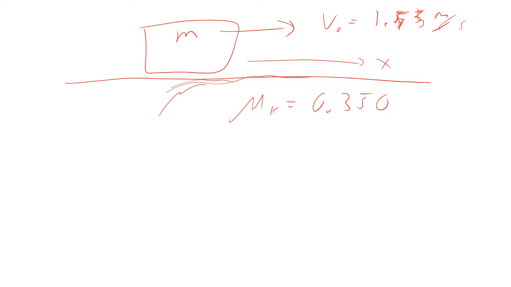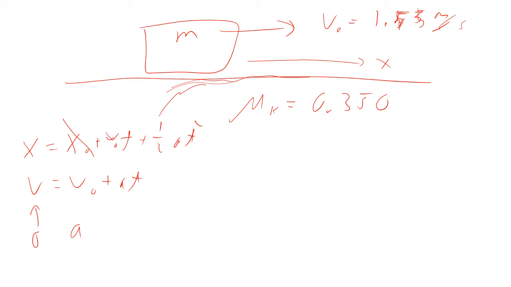Okay, so you look at it and say, that's fairly straightforward. The distance is x0 plus v0 t plus 1/2 a t squared. We'll say x0 is 0. V equals v0 plus at, and the final velocity is 0, so the time it takes to stop is minus v0 over a.